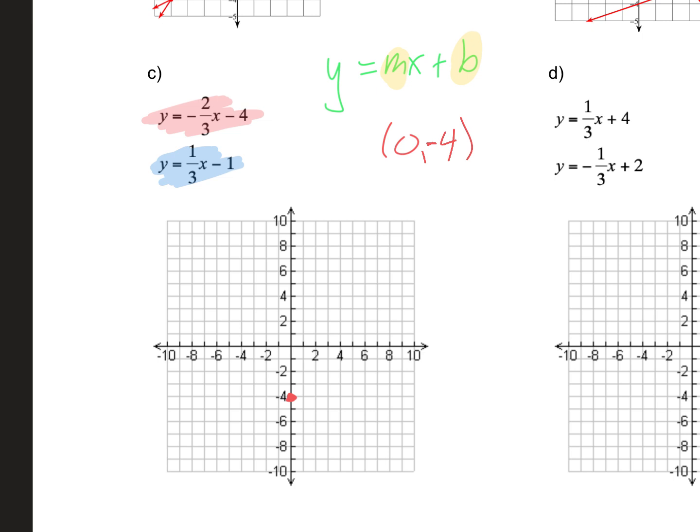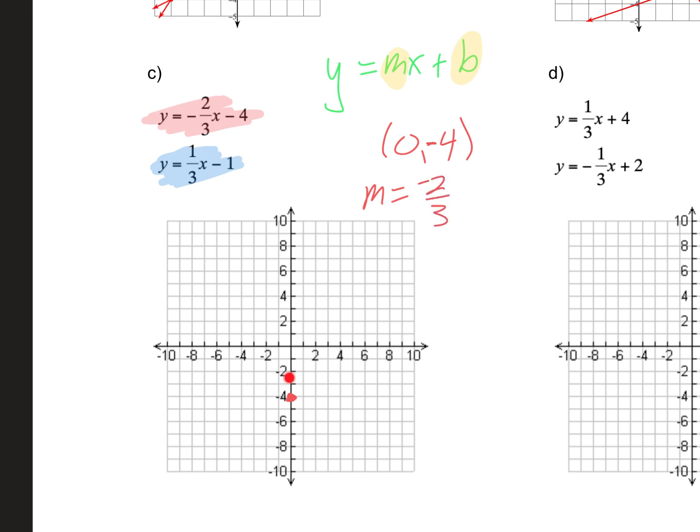Now the only other thing to do for our red equation is to use our slope to find 2 more points. So remember, we use m to represent our slope, and in this case it is whatever number is being multiplied by x, which is going to be this whole fraction, negative 2/3. So our slope equals negative 2/3.